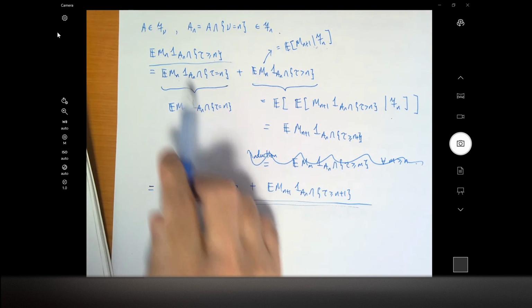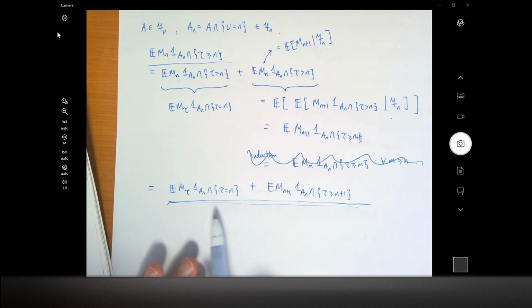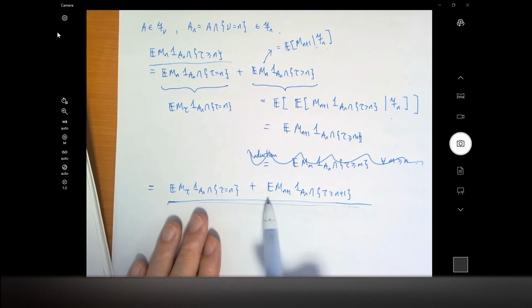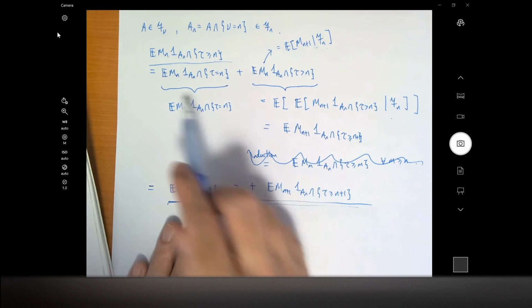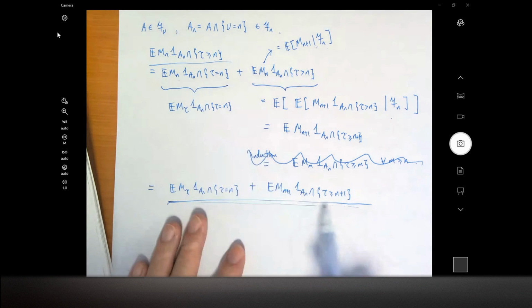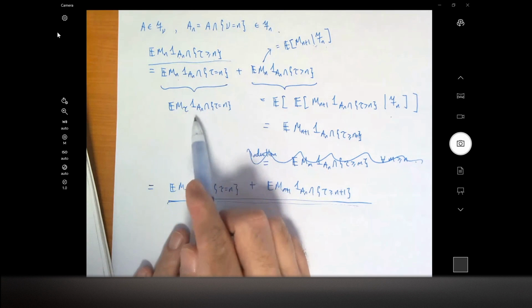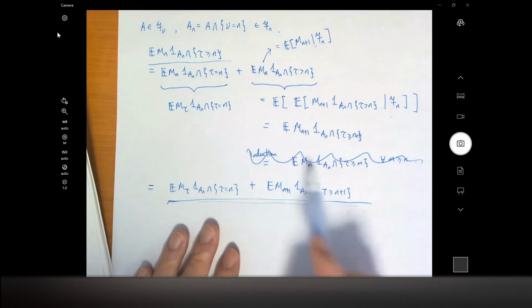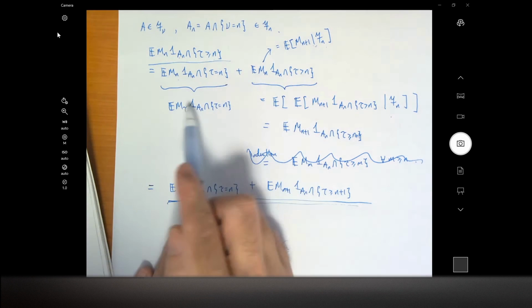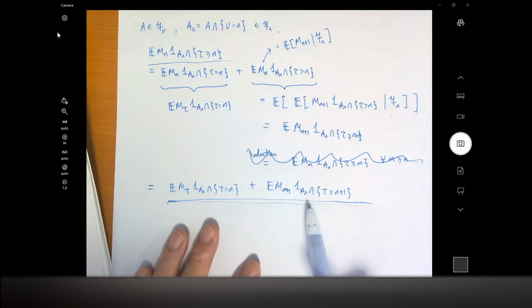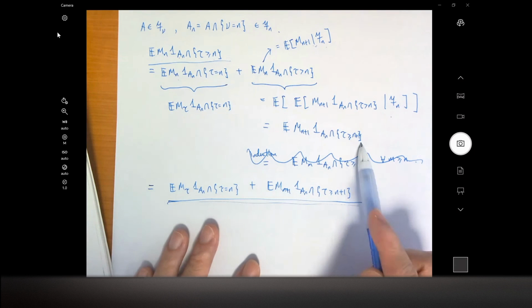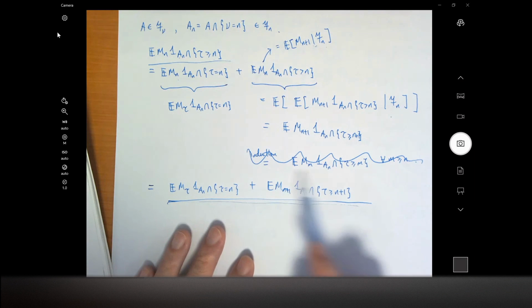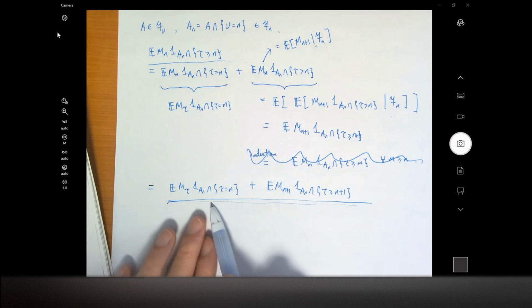What we have shown is that each time I do the same process by induction, I get one more term outside, and this one becomes the same but with n plus 1, then n plus 2, and so on. Each time I do the induction, I have one additional term at the front.